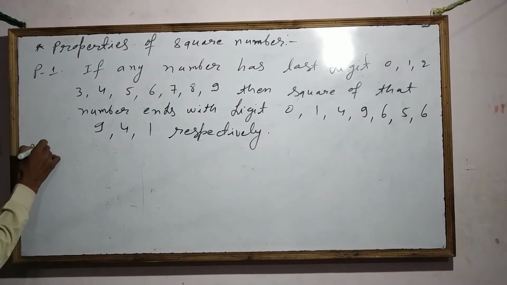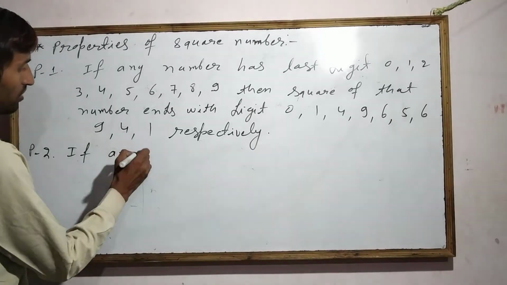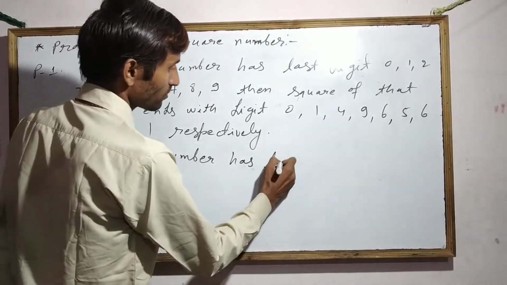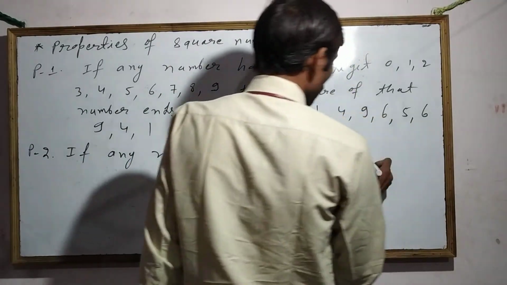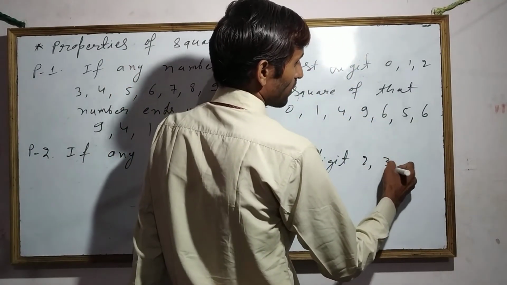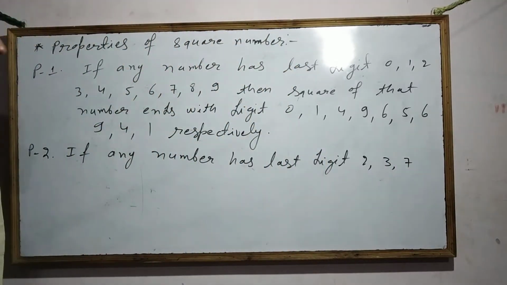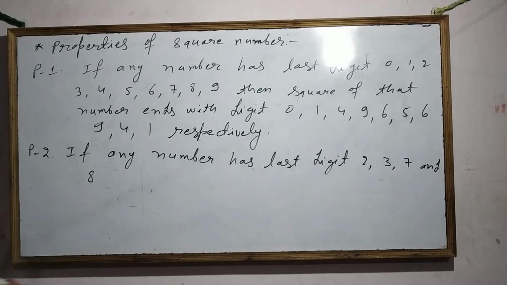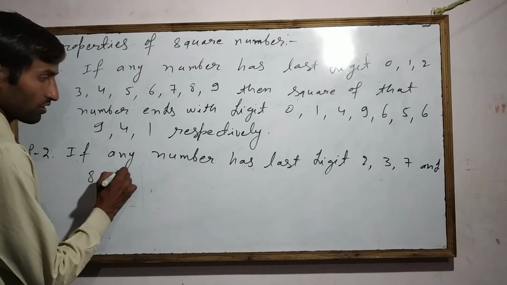Next, we have to learn the second property. If any number has last digit 2, 3, 7 or 8, then that number will not be a perfect square number.